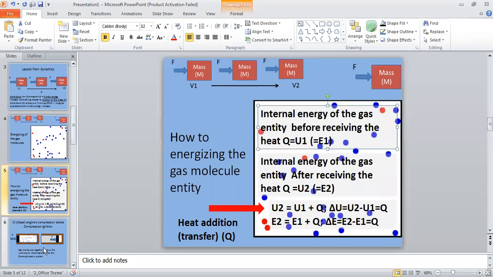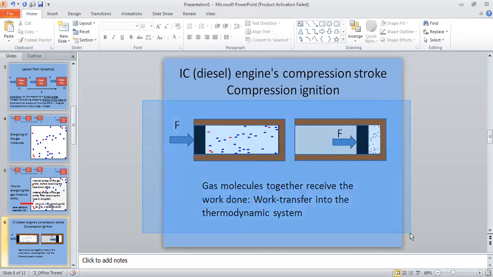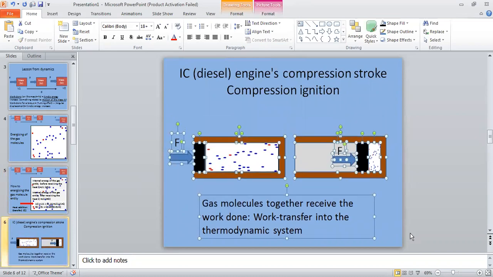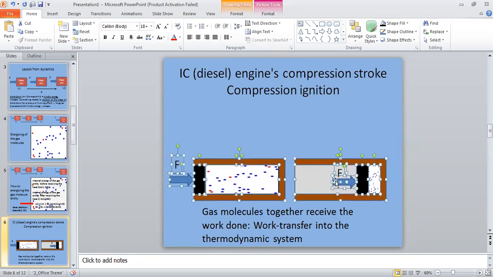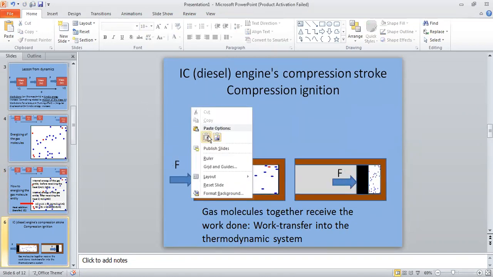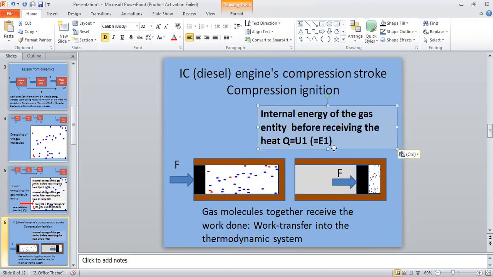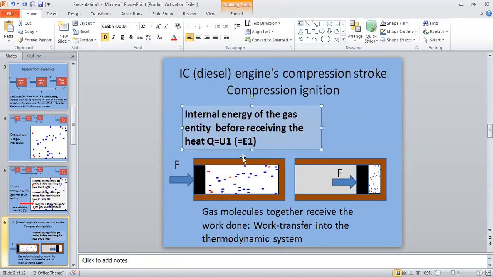Now, the internal energy of the entity before receiving the work, let's say work W, is U1.